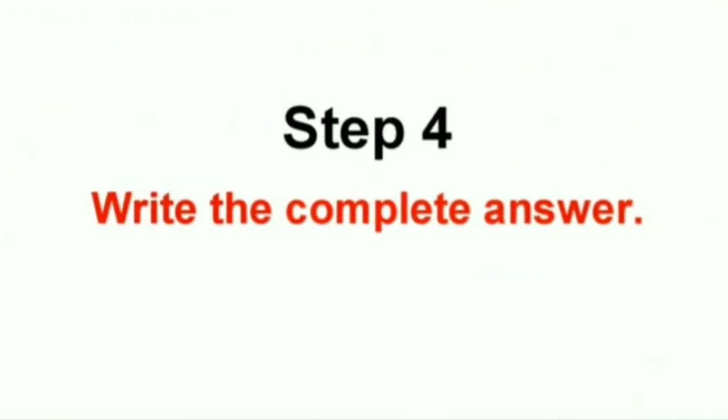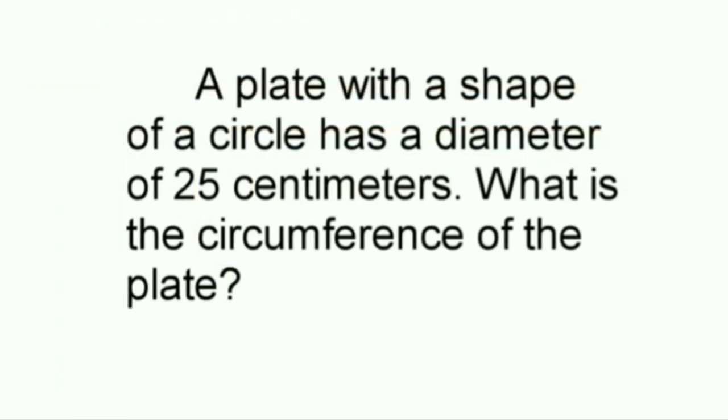Step 4. Write the complete answer. Now, let me give you an example of a word problem. A plate with the shape of a circle has a diameter of 25 centimeters. What is the circumference of the plate?